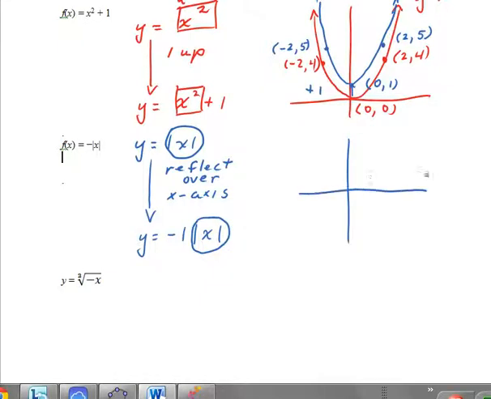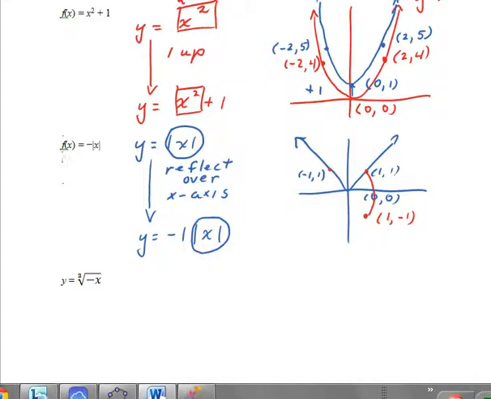So starting with y equals the absolute value of x, going through -1, 1, 1, 1, and 0, 0, we are going to be reflecting our points across the x-axis. So 1, 1 is going to go to the point 1, -1.